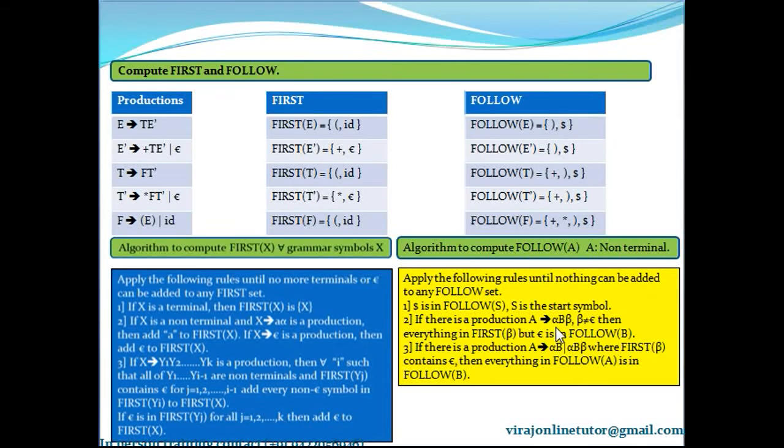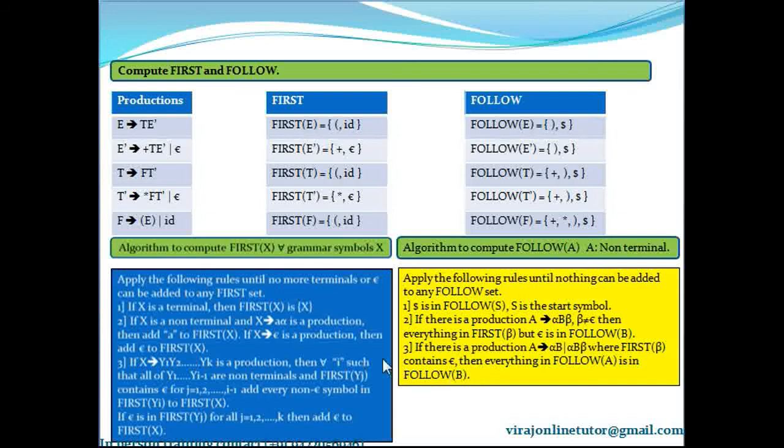Since I have mentioned that follow never contains epsilon, I won't be repeating it again and again. So I'll just say now that put first of beta in follow of B. Since epsilon is not there in follow, no point in discussing epsilon.